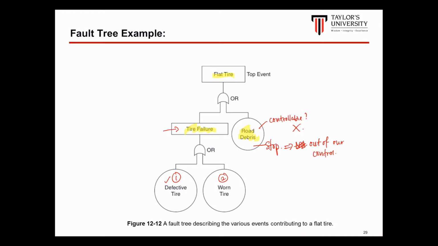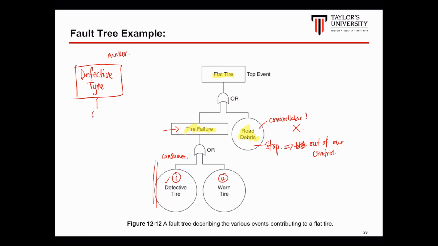But as a process engineer in a tire manufacturer like Continental or Michelin, then the defective tire is still within your control. So you don't stop here. You stop here if you are a consumer. But if you are the maker, you continue from here.